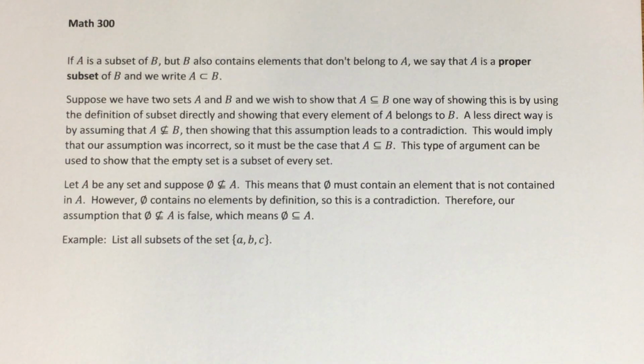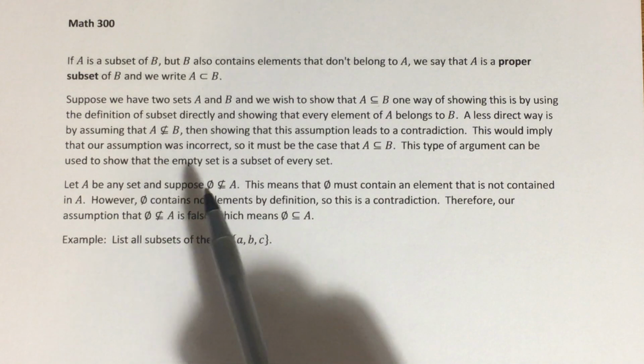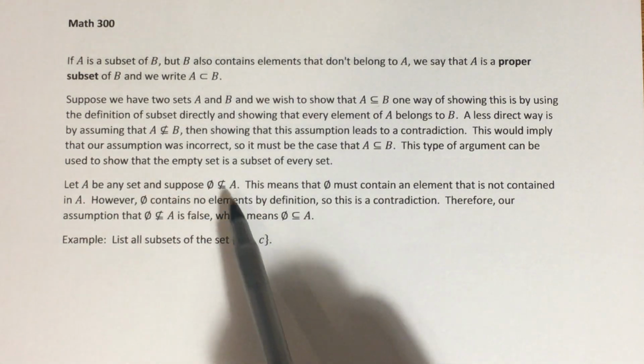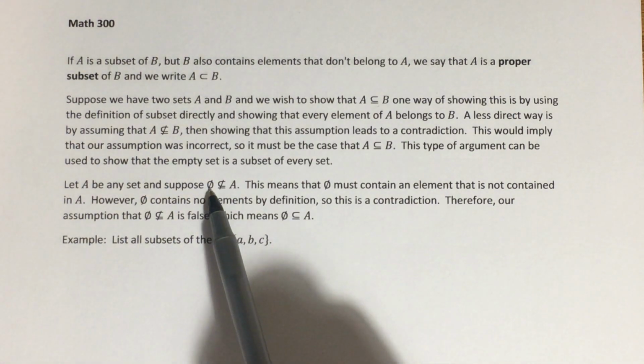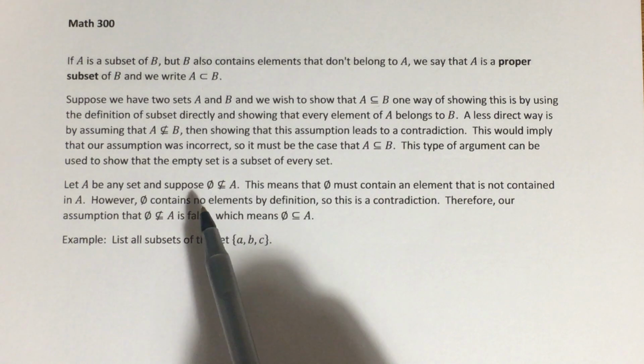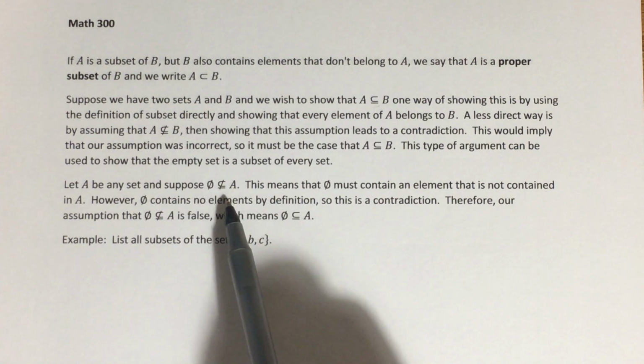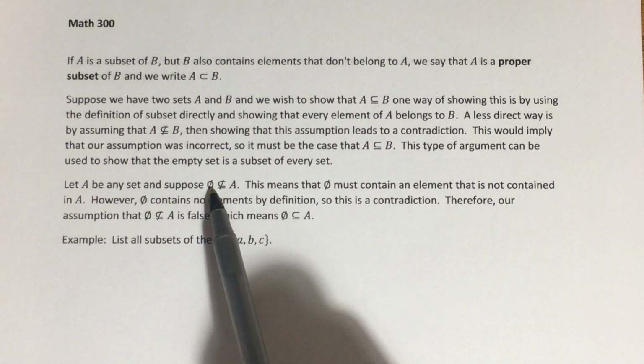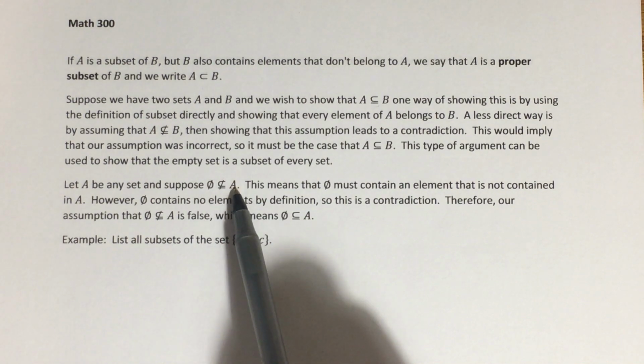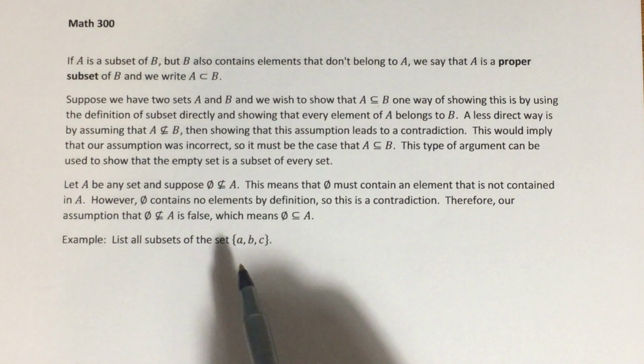What does that mean? Well, remember, if the empty set was a subset of A, that would mean that every element of the empty set belongs to A. The opposite of that is to say that the empty set contains an element that's not contained in A. That would mean that this is not a subset of this.